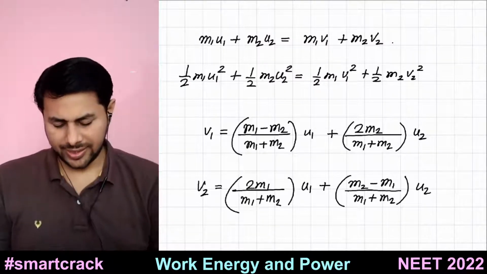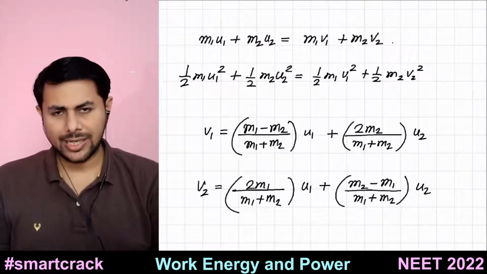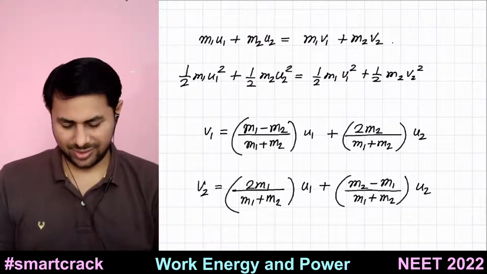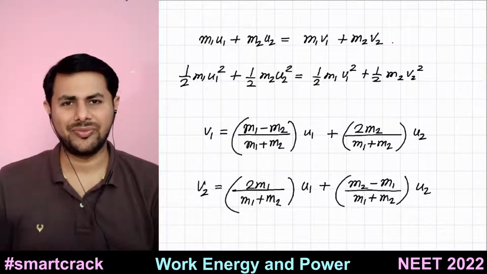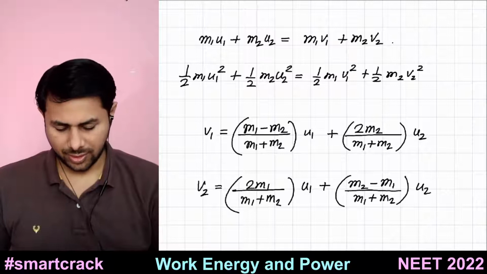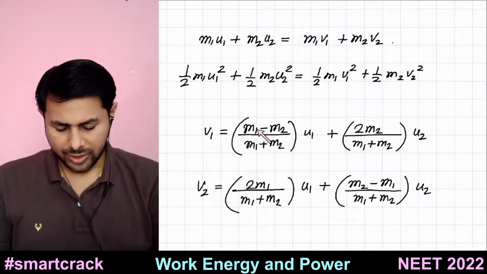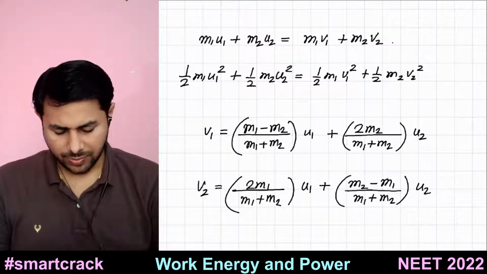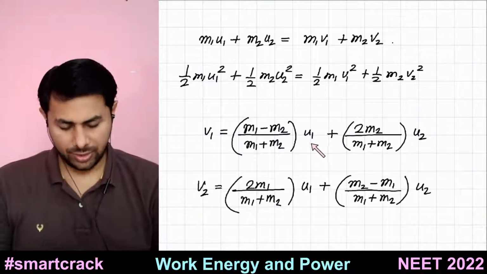Check that: v1 will become v2, u1 will become u2, and m1 minus m2 becomes m2 minus m1, times u2.